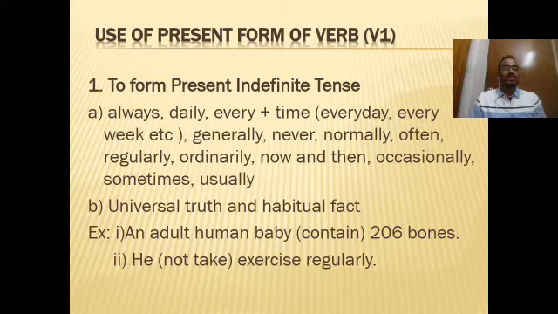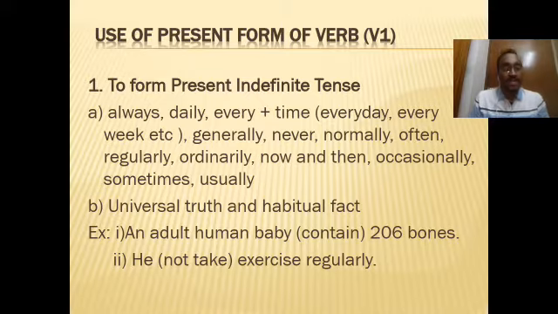So if we find these adverbial words in a sentence, we can use verb 1. The second one is universal truth and habitual fact. If we find that there is a universal truth in the sentence, or there is a habitual fact, we can use the basic form of verb 1 in the sentence.